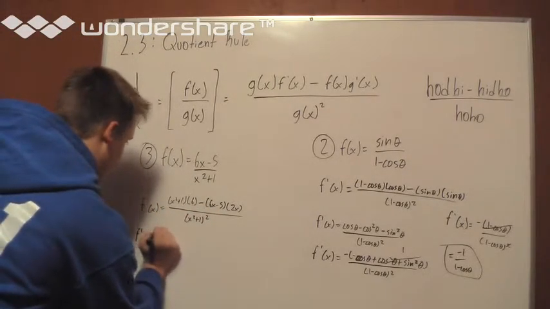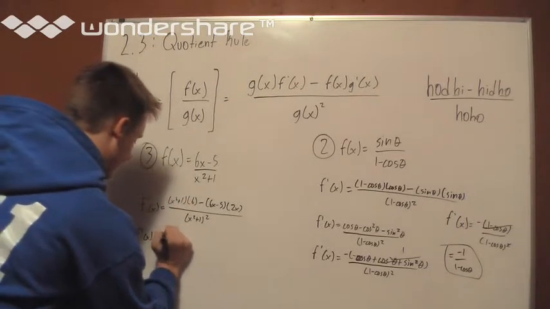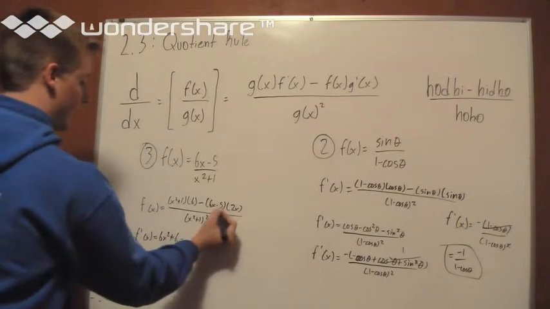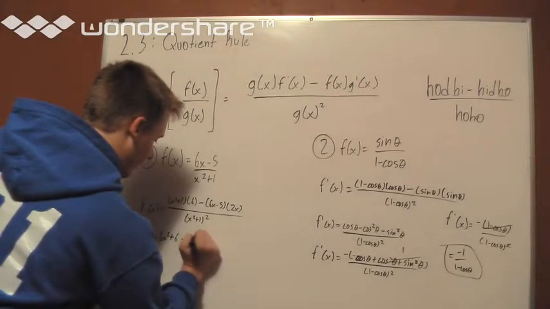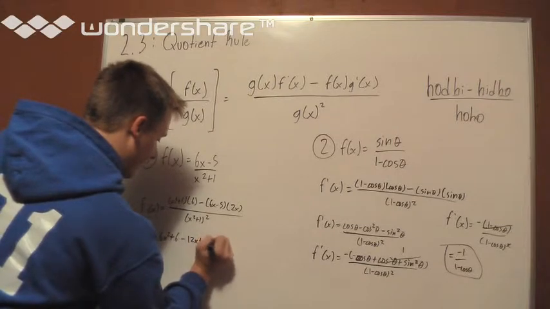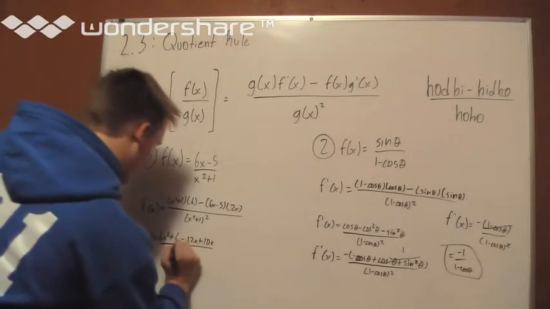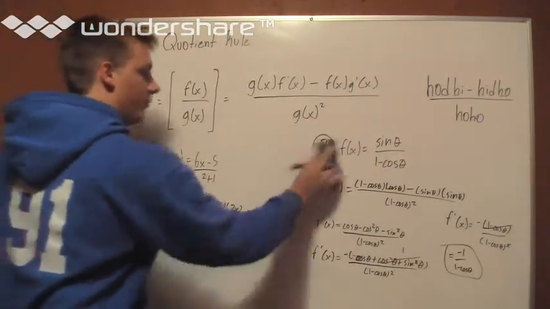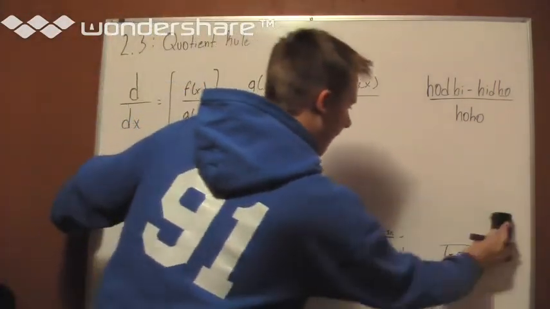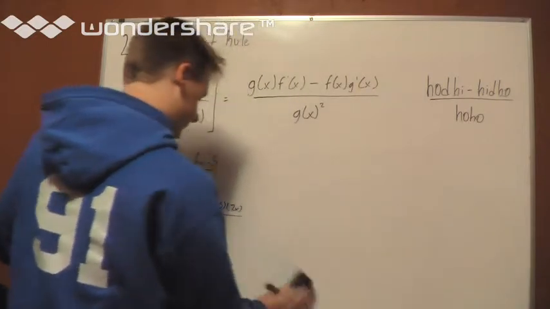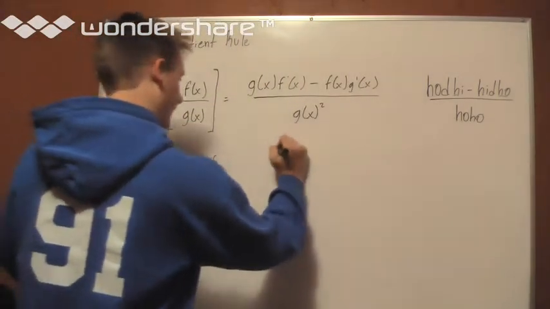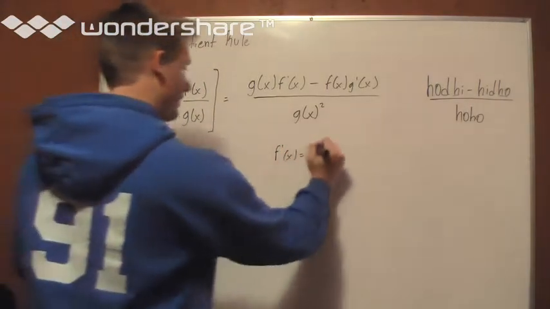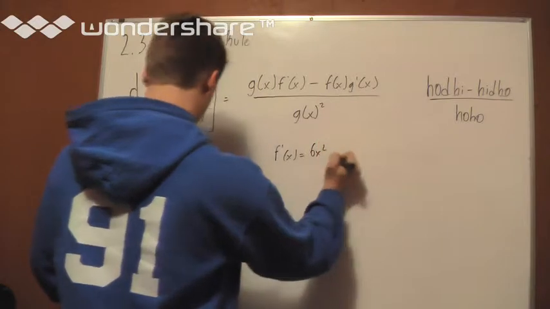Multiplying all these out, we multiply 6 to this, so we get 6x squared plus 6, and then minus, multiply the 2x times this, so we get minus 12x plus 10x, all over the bottom, which stays the same. Simplifying this, we get the derivative of f of x is, we leave the 6x squared because we can't do anything with that.